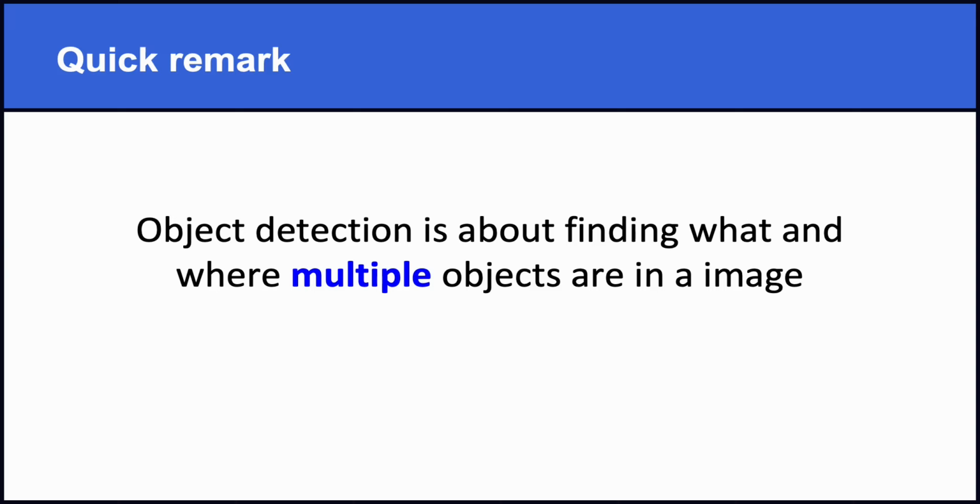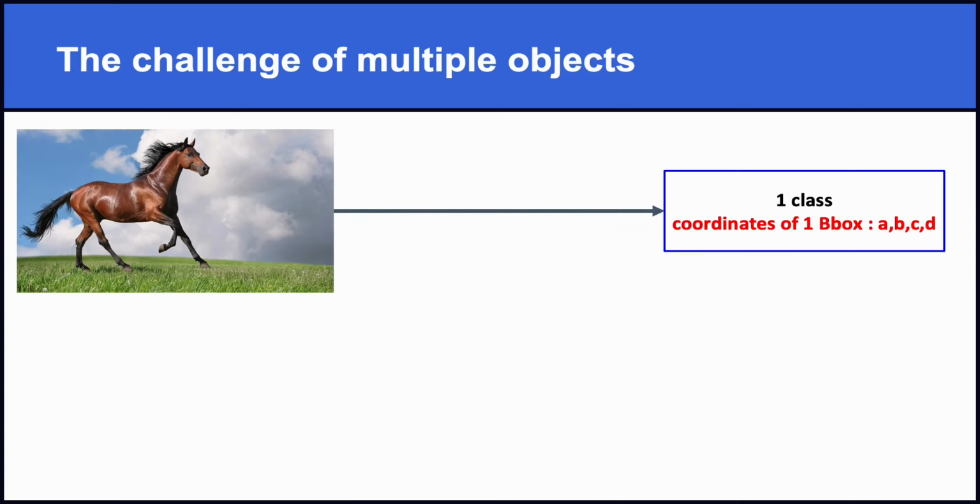We now move to a quick remark that I want to give you, and it is the one written on the slide. So object detection is about finding what and where multiple objects are in an image. And actually, this highlighted word introduces a new challenge, or at least the biggest challenge of object detection. Let's assume that in object detection, we only have to detect one object in an image.